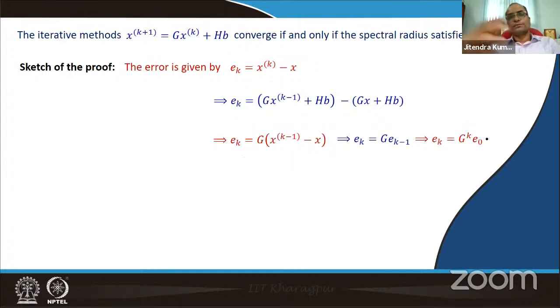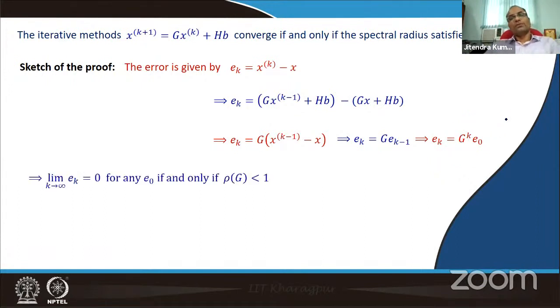So the error equation for these iterative methods takes the following form: the error at the kth iteration is equal to G power k times e naught, the error at the very beginning stage. So when k goes to infinity, meaning you are talking about really large iterations, this G power k will go to the zero matrix, and then if you multiply, your error will go to 0.